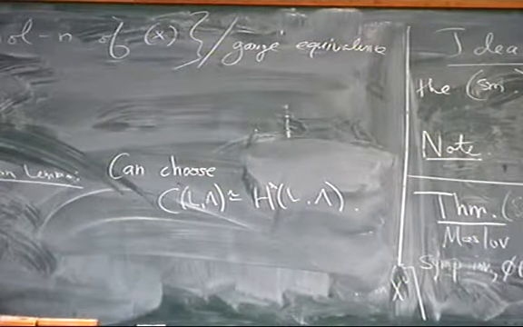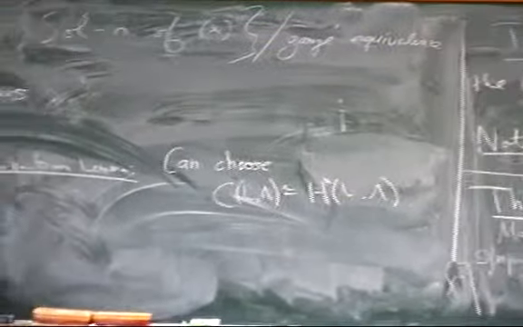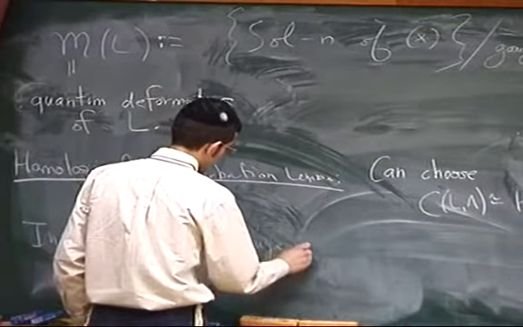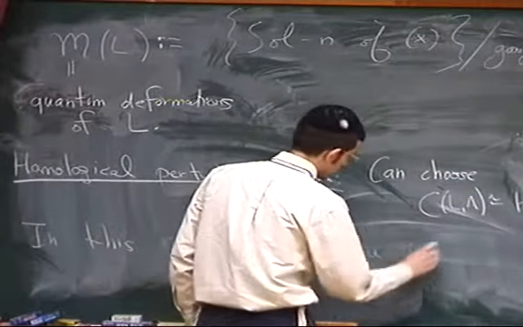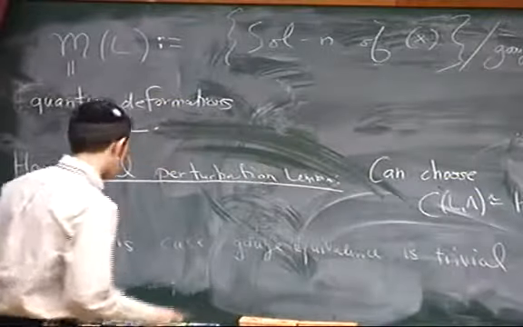In this case, and now I'm going to use the fact that I'm in the Calabi-Yau situation, gauge equivalence is trivial.